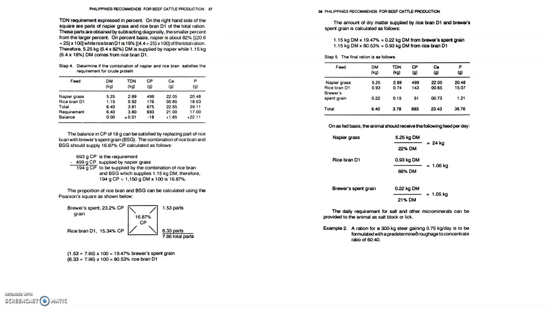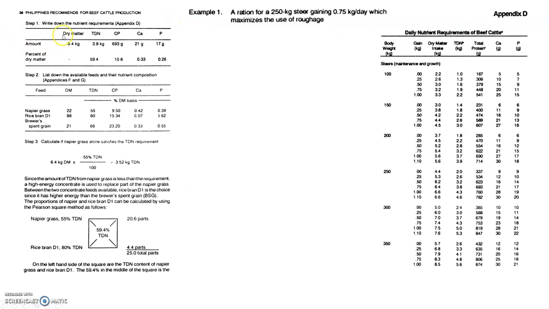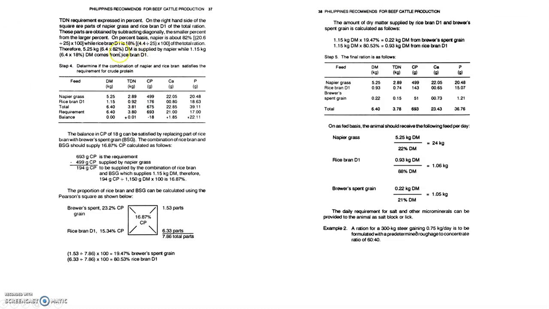Ngayon, naka-percent na sila, kailangan naman nating malaman kung ilan yung total amount na kailangan natin para mapuno yung dry matter requirement ng hayop. So, kanina ang dry matter requirement ng hayop ay 6.4. So, ang gagawin lang natin dyan ay 6.4 times 0.82, so 5.25.